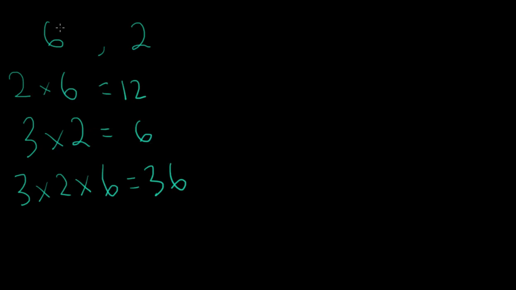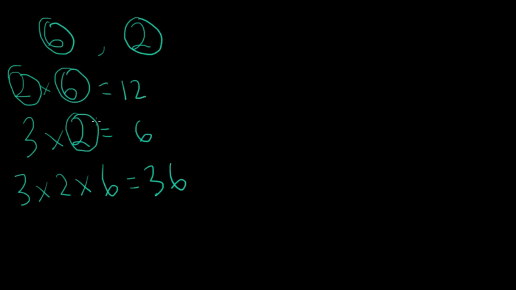Right? So we have given two different numbers at the start. So that is 6 and 2. Right? So in all of these examples, we see 6 and 2 as well. So 2 is here, 6 is here, 2, 6, 2, and 6.